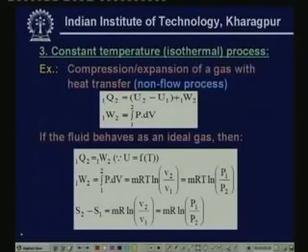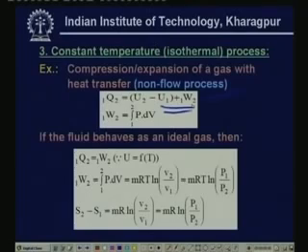And for this process, the governing equations for energy, work transfer, heat transfer and entropy transfer are given here. For example, this equation is nothing but your first law of thermodynamics, a general first law for a non-flow process.